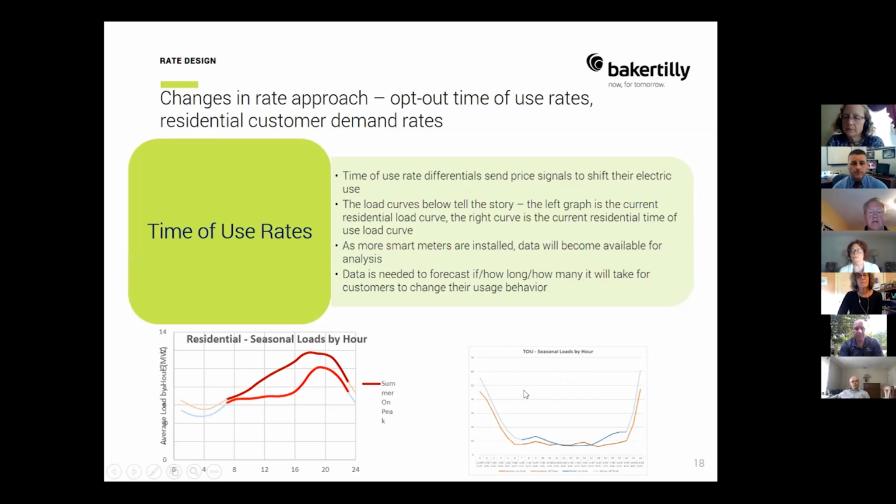That's because in that group you have customers who are paying really good attention, and also the rate differential between off peak and on peak is pretty substantial. So the goal, as you move to an opt-out time of use rate, would be to flatten this down. But until you have more data, it's hard to tell what the customer reaction will be. Initially, there may not be a lot of reaction, but eventually it would be beneficial to CMLP.